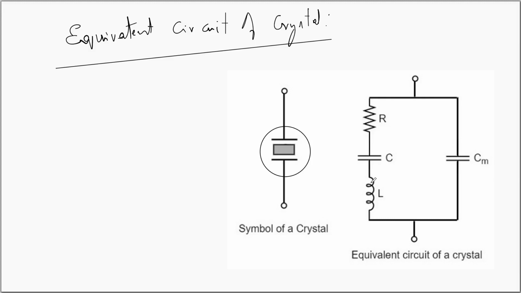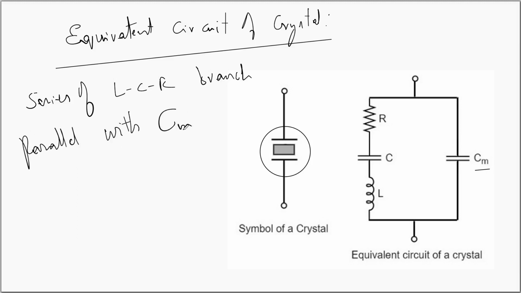This is one branch of the equivalent circuit, and this will be in parallel with Cm, that is the capacitance of the capacitor. So you have a series LCR branch, and this will be in parallel with a capacitor Cm.